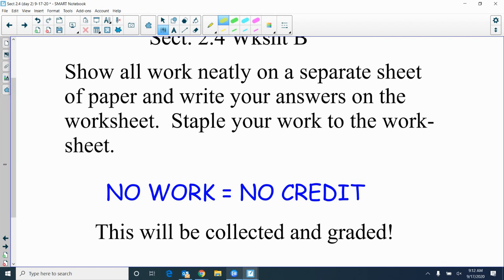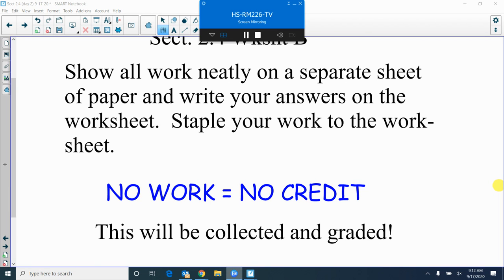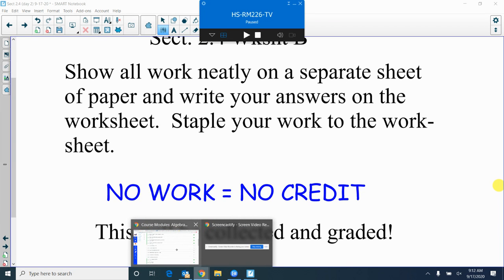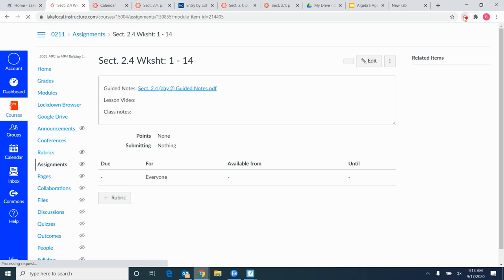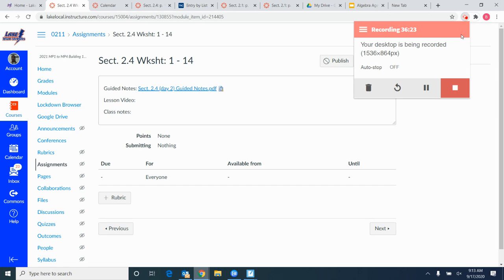You need to get out a blank sheet of paper, and let me make sure I've got it loaded. Where's it at?